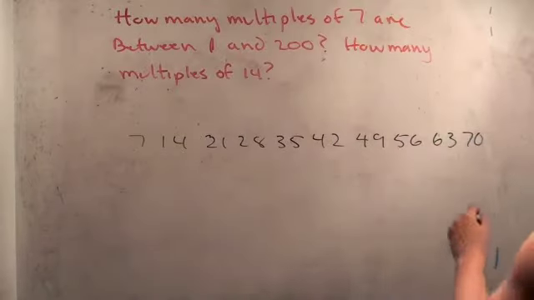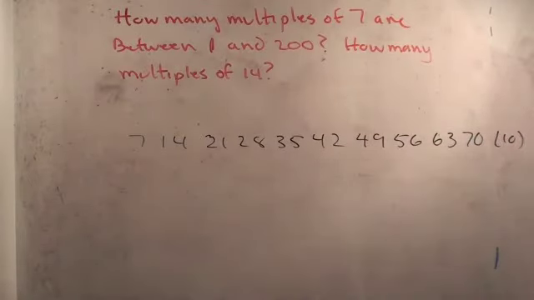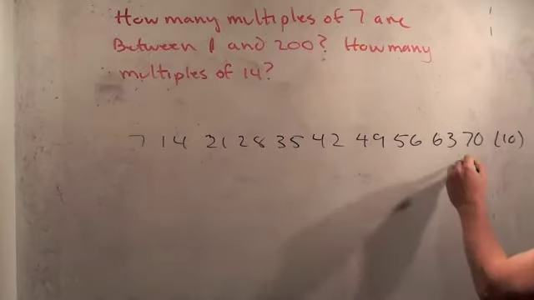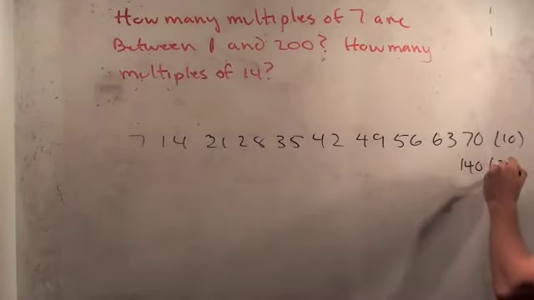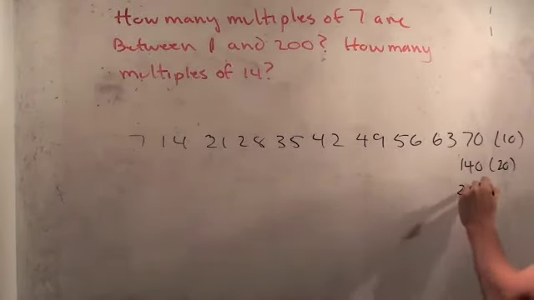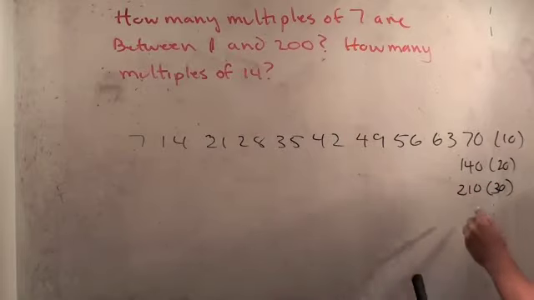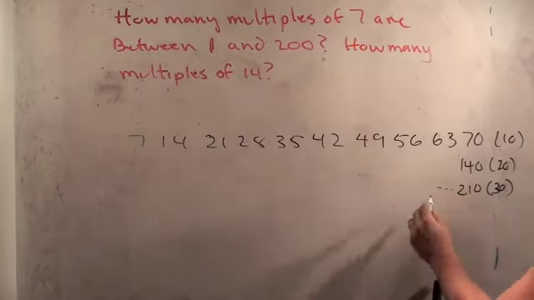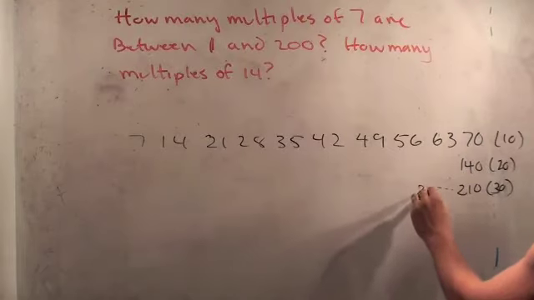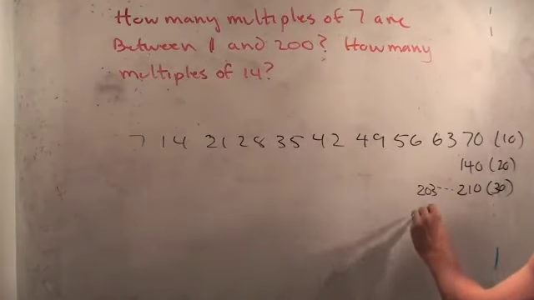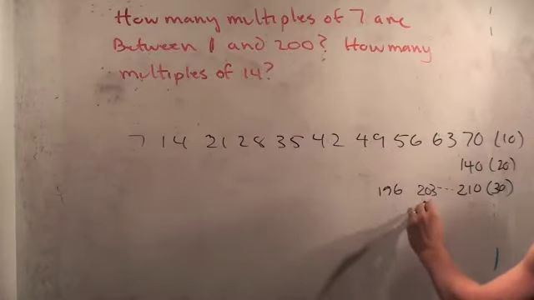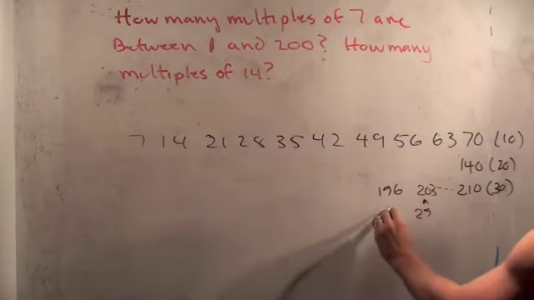Then he noticed that that was 10 multiples of 7. So he wrote 140 here and knew that would be 20 multiples of 7. And then he wrote 210 here and knew that would be 30 multiples of 7. But that's too many. And then counted backwards: 203, 196. So this would be multiple 29, and this would be multiple 28.